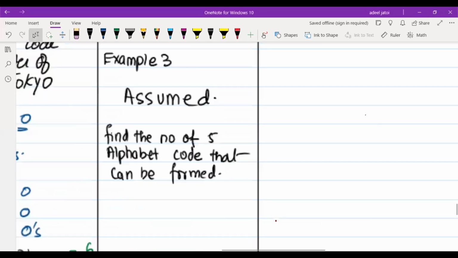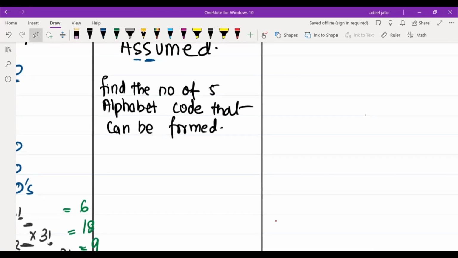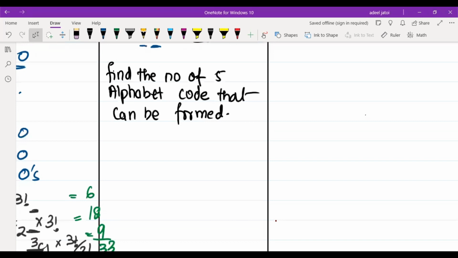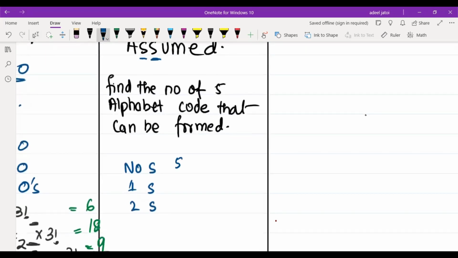Example number 3, assume now again, we know that we have 2 S's here. Find the number of 5-letter alphabet code words. We will have to understand that there can be no S, there can be one S, or there can be two S in the 5-letter code word. So if there is no S, out of the 7 alphabets, it should be 5C5 into 5 factorial.